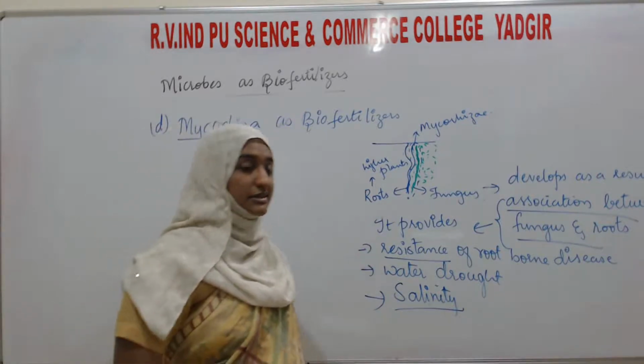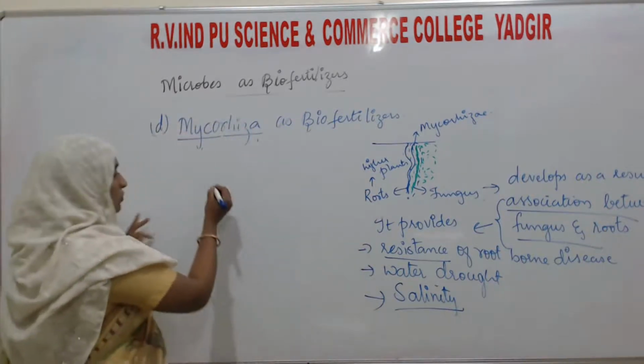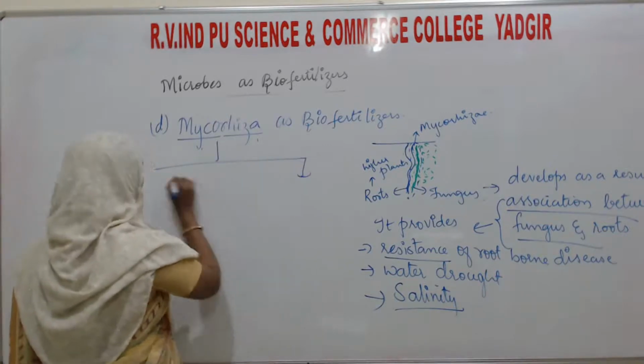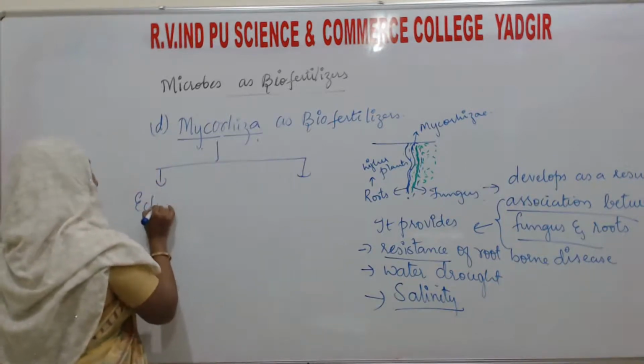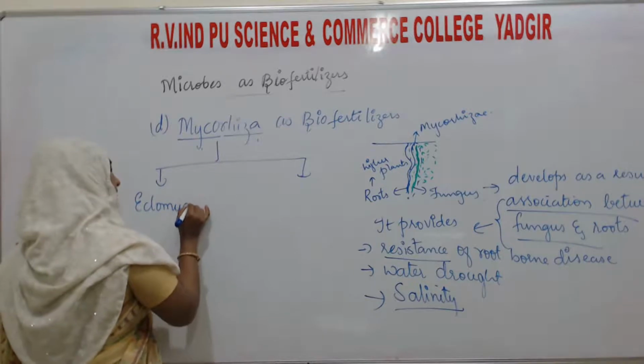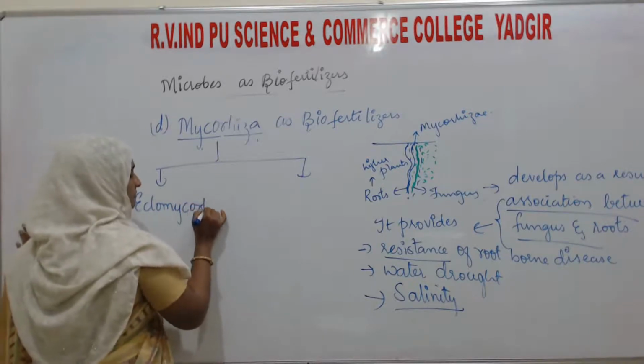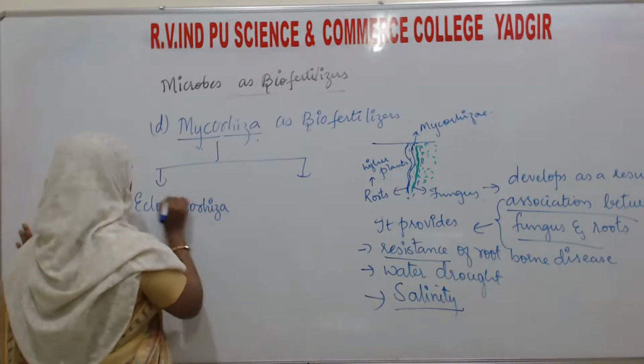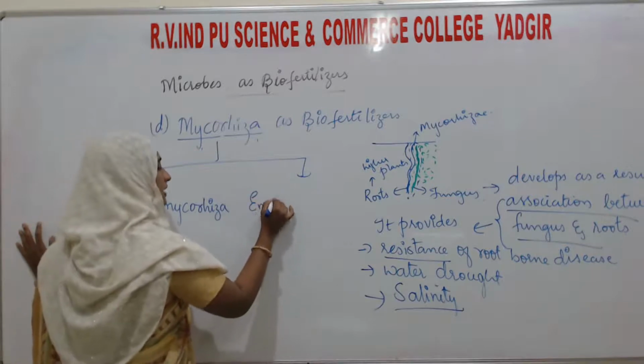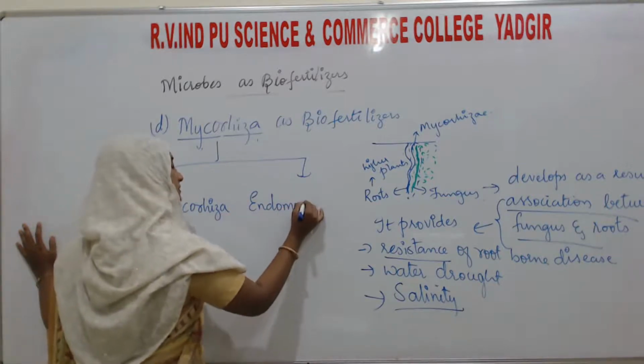So here, this mycorrhizae is of two types. What are they? One is ectomycorrhizae and one more is endomycorrhizae.